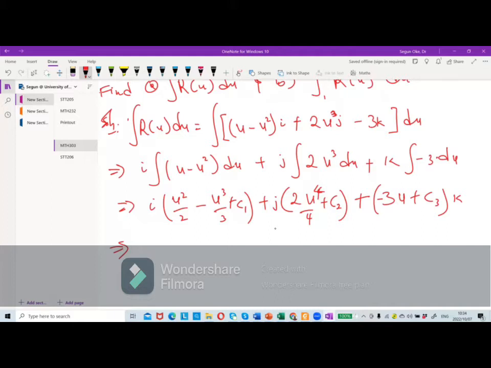If we are collating all the C together, I'm going to have u squared over 2 minus u cubed over 3, i, and here 2 over 4, so you have u to the 4 over 2, j, minus 3u.